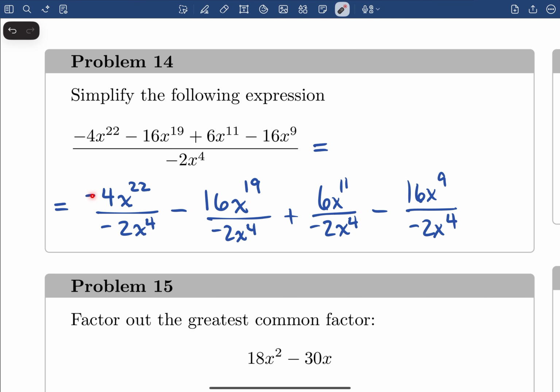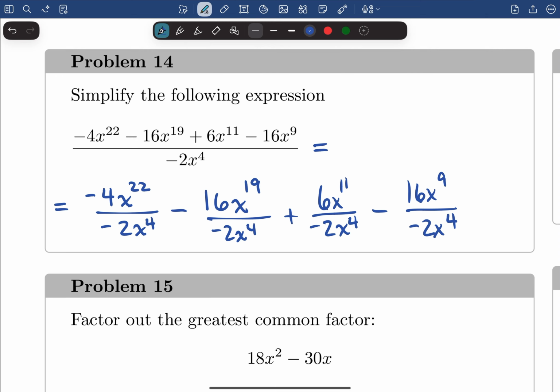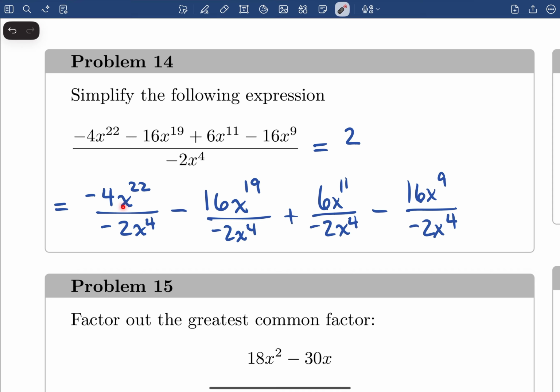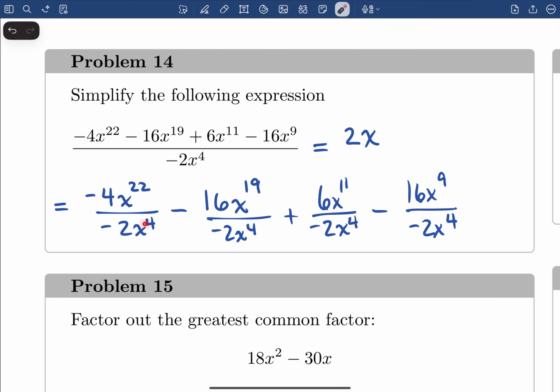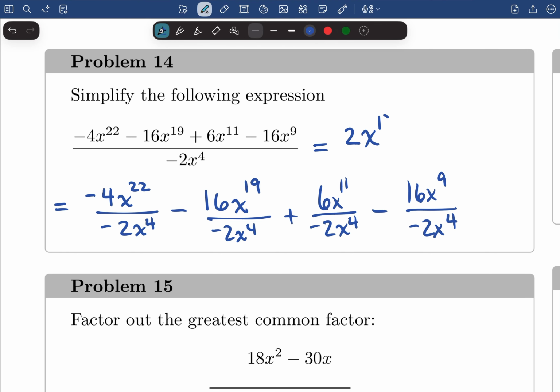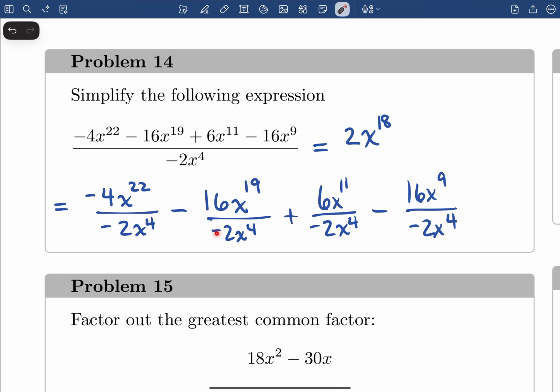We're going to say, well, negative 4 divided by negative 2, that's 2. And then x to the 22nd power divided by x to the 4th power, that's the quotient rule. You can take 22 and subtract 4, and you'll find out that the exponent should be 18. Now we're moving on, and we're going to take 16 and divide it by negative 2, which is negative 8.